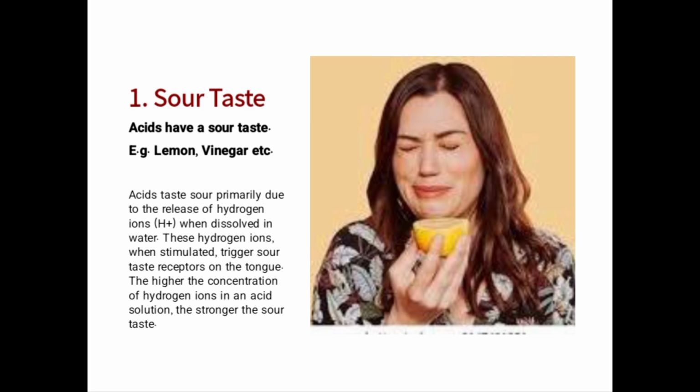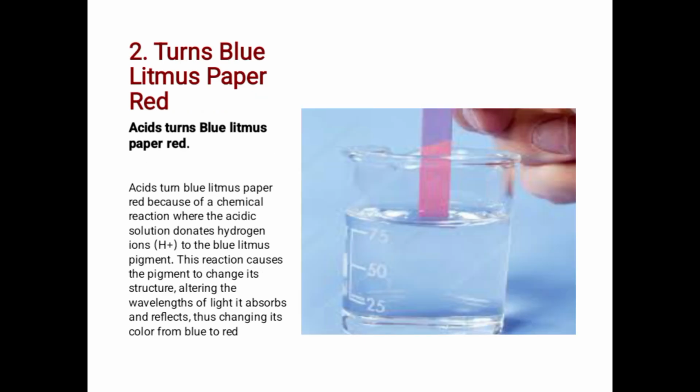Please don't forget that. Another physical property acids have is that they turn blue litmus paper red. In a simple experiment, if you have a dilute acid, for instance HCl, in the lab, all you need to do is put a small portion, let's say 2 centimeter cube of the acid, in a beaker, and then get a blue litmus paper.